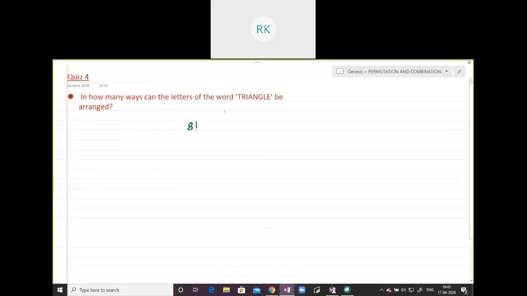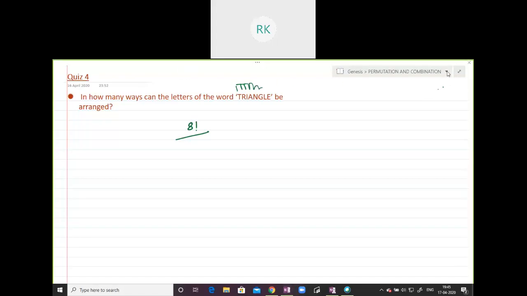Is there any repetition? No, no repetition in TRIANGLE. That's all. Good. So next one.